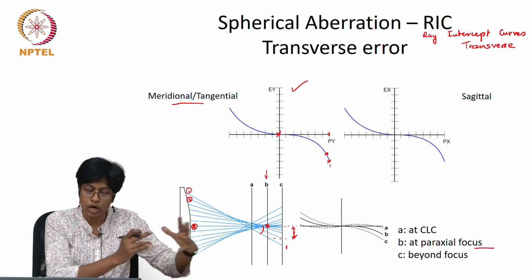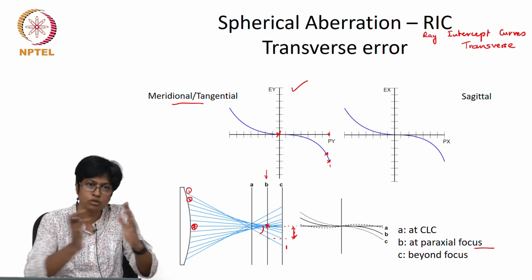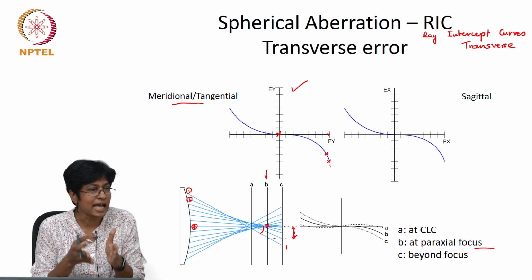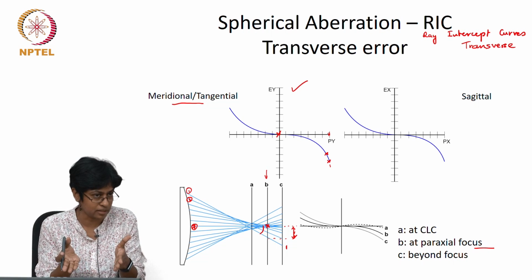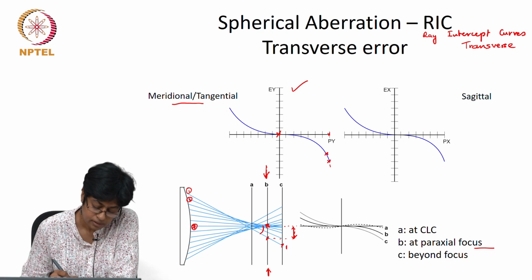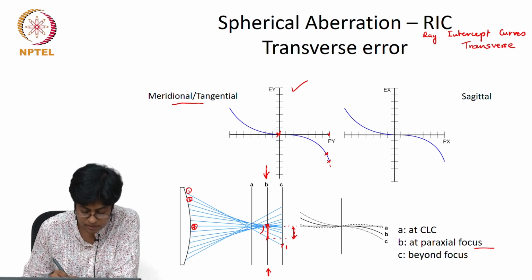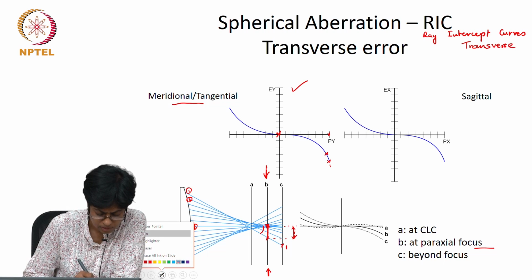Okay? So depending on the rays you are plotting, it need not go through a 0 origin. The origin here is the tan u of, of course, the paraxial ray. Okay? So this is the transverse error for ray number 1. Clearly, this smaller distance, let's do another color now.